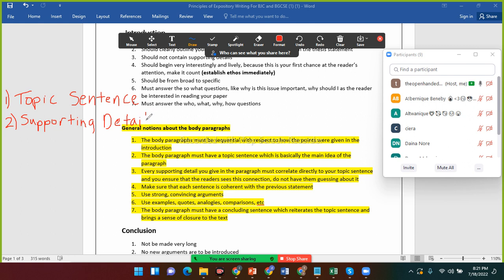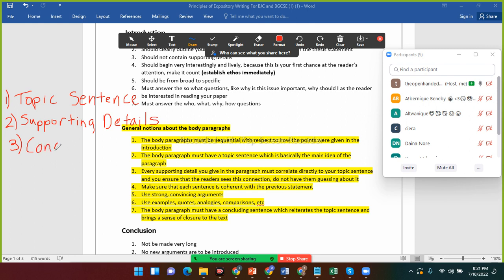without any flaw? The next thing you need to ask is, are my supporting details convincing? Are they mature? Are they well developed? The last thing you need to have is the concluding sentence.